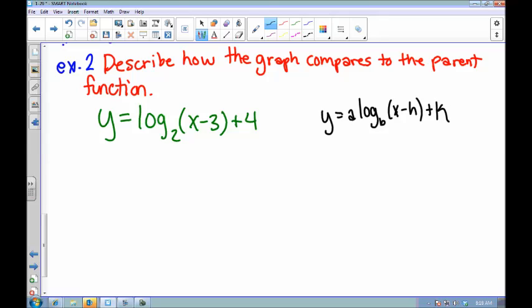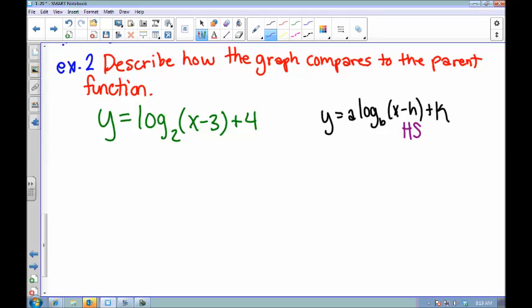Are they always in the same location, A, H, and K? Yeah, so it tells us the exact same things. We've been studying these for a while, so we should know the answers to this already. A, H, and K tell us specific things about the graph. Benito, do you remember what the H represents? Horizontal shift.